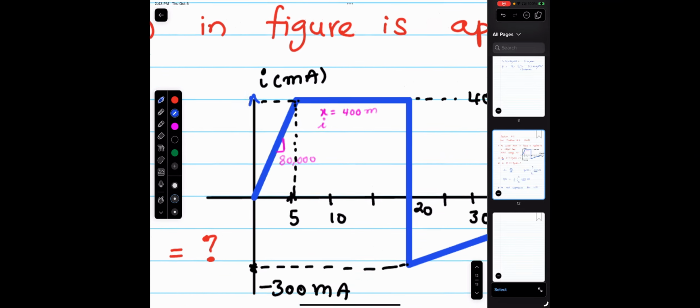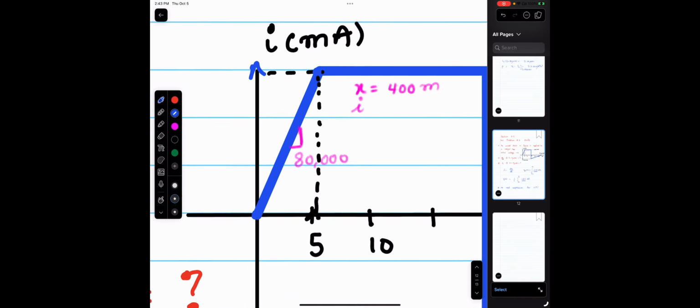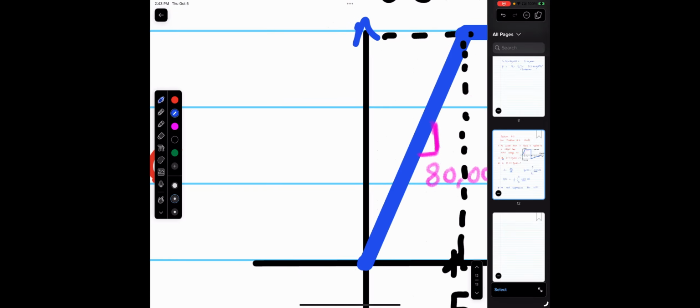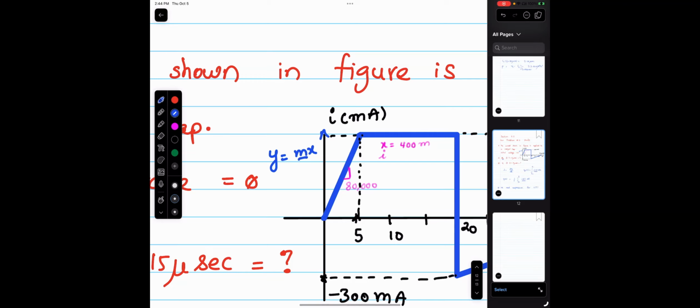Now, how do you find the expression for current? Well, it's straightforward. In this line segment, it's a line. You can write it in y equals mx format, because it is pretty much a straight line, where m is the slope.